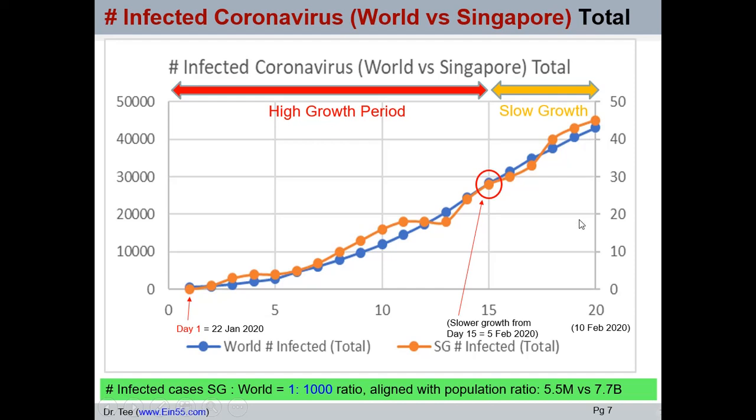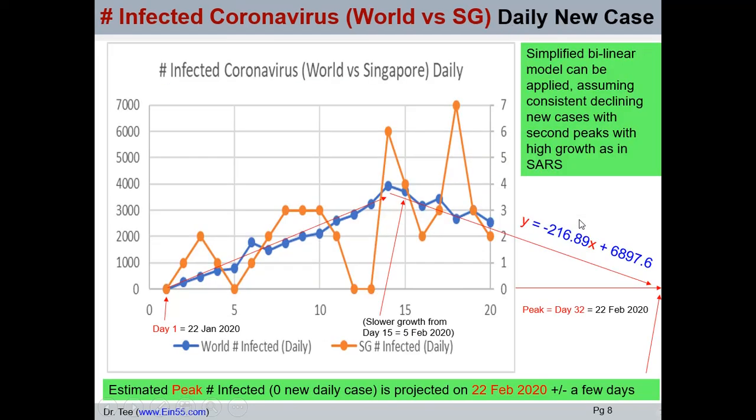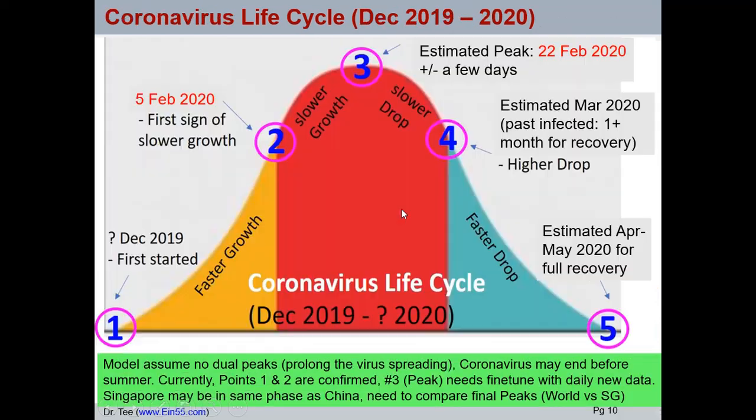So it means that we need to monitor the peak reported in the next few weeks for the whole world, and then that will be used to fine tune whether Singapore will follow a similar peak or will probably be a few weeks delayed or not. But if the whole world, especially China, has the number of cases coming down or reaching a peak, for sure that will help Singapore as well.